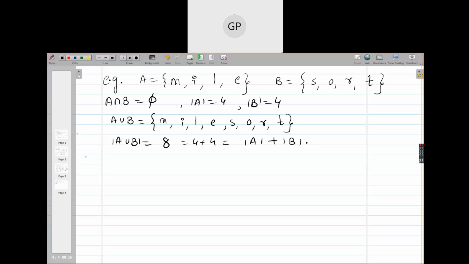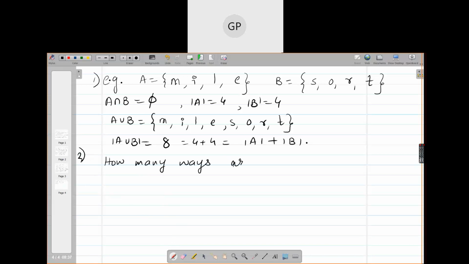Now I take one more example, where we can apply the addition principle. How many ways are there? This is also called the sum rule, okay?